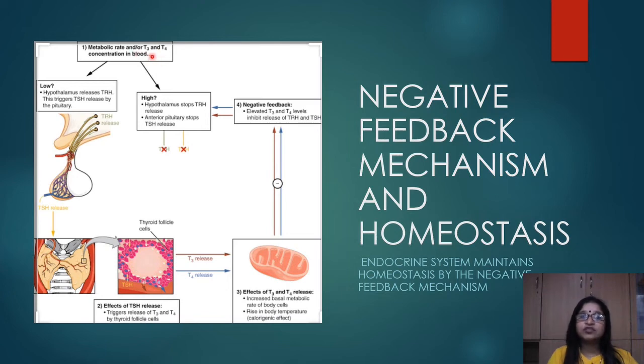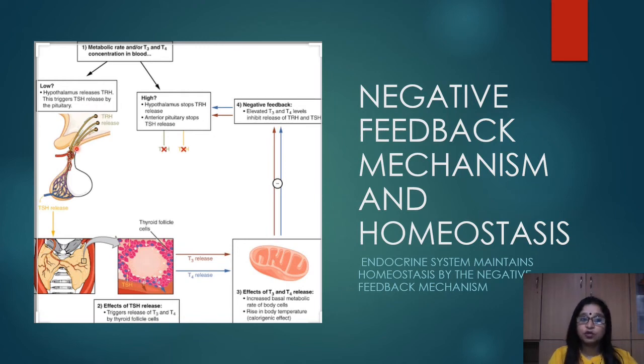If the level of the T3, T4 hormones in the blood is low, the hypothalamus immediately gets triggered, the neurosecretory cells of the hypothalamus, and it releases the thyrotropin releasing hormone, which will move through the portal circulation to the anterior lobe of the pituitary and trigger the release of TSH, the thyroid stimulating hormone.